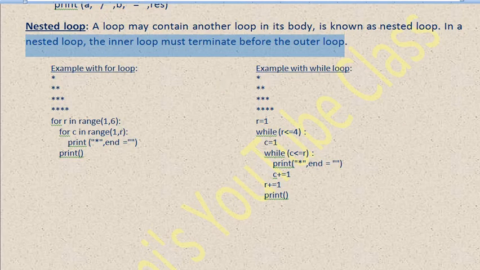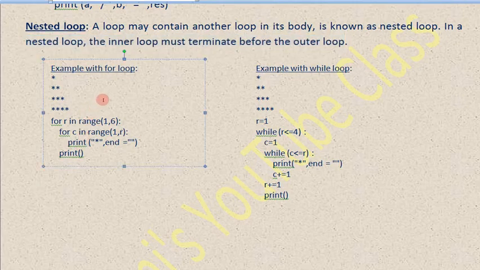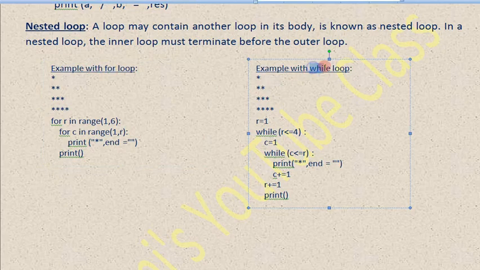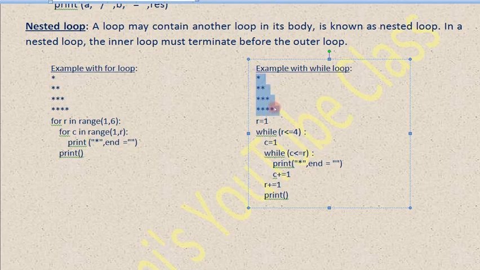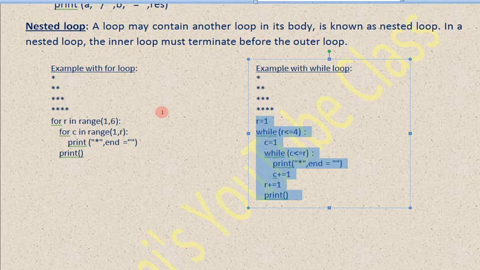So we can do some pattern programs. I have given two examples here, one example with a for loop and one example with a while loop. The question is similar in both cases, the pattern is the same, but how this is possible in the case of for and how it is possible in the case of while, that is what I explain here. Okay, so it's better to go to the editor and let's try.